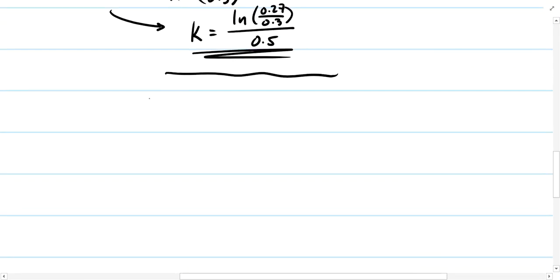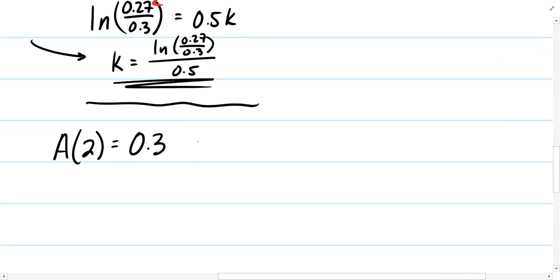So let's go ahead and use the other form of the equation. We are going to evaluate the amount after 2 hours, and we would like to know the molarity after 2 hours. We hope that we get the same result. Well, our initial molarity was 0.3. Our base for this expression is e.